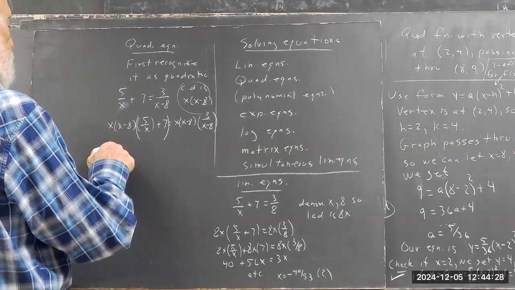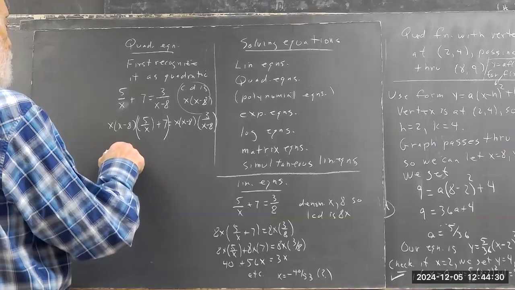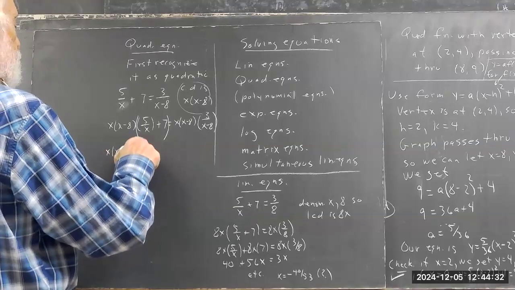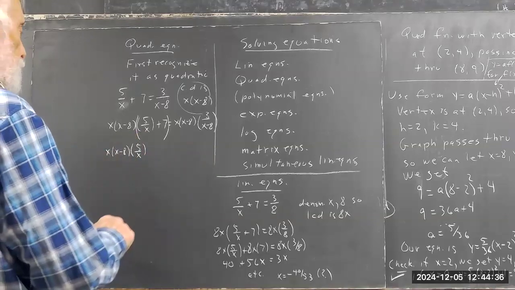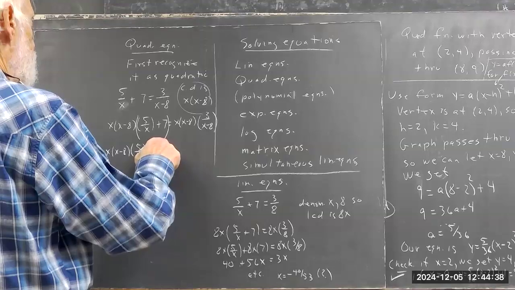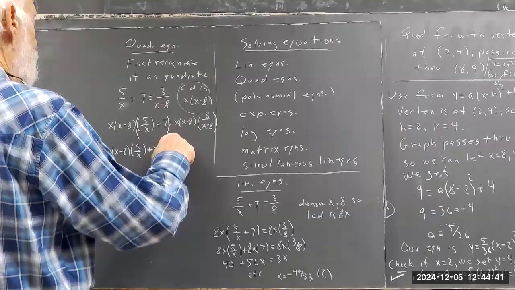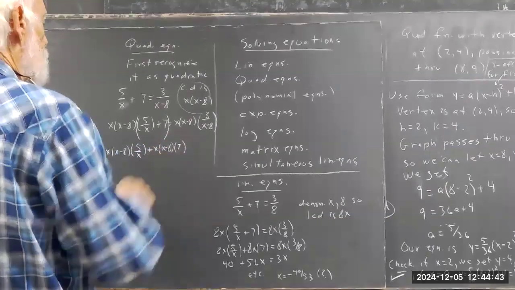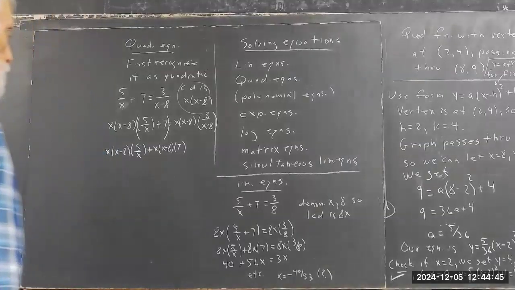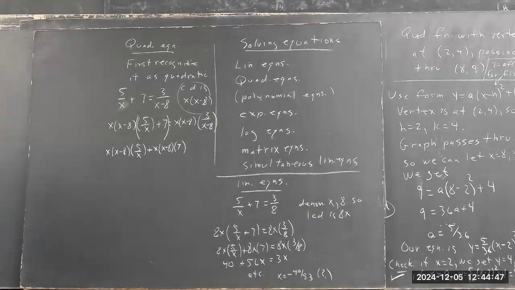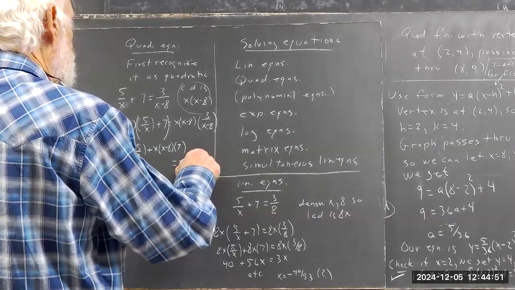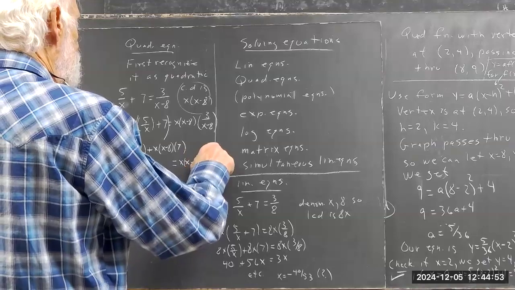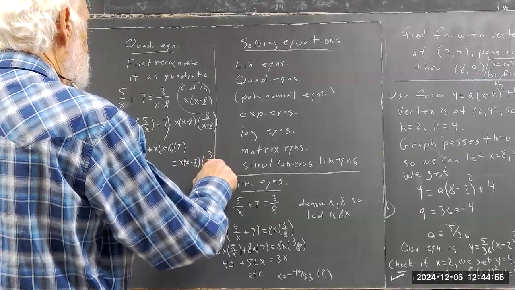And this gives us x times x minus 8 times 5 over x plus x times x minus 8 times 7 equals x times x minus 8 times 3 over x minus 8.